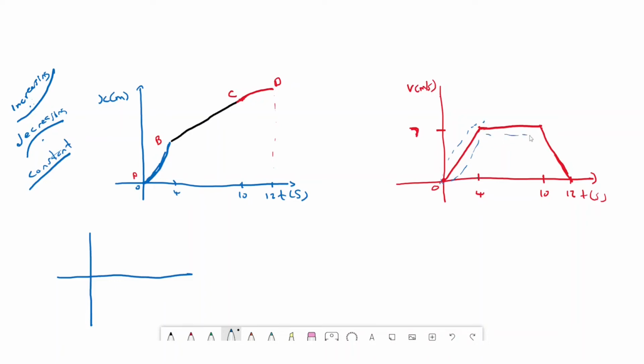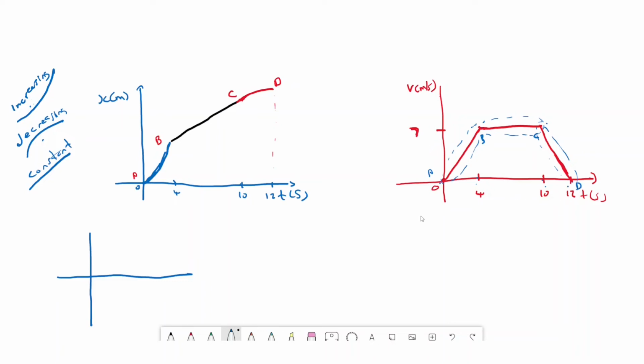If I take the slope of this line, it's going to give me the acceleration between 4 and 10. If I take the slope of this line, it's going to give me the acceleration between 10 and 12. So let's call this point A, point B, this is C, this is from B to C, and then from C to D is going to be this part.